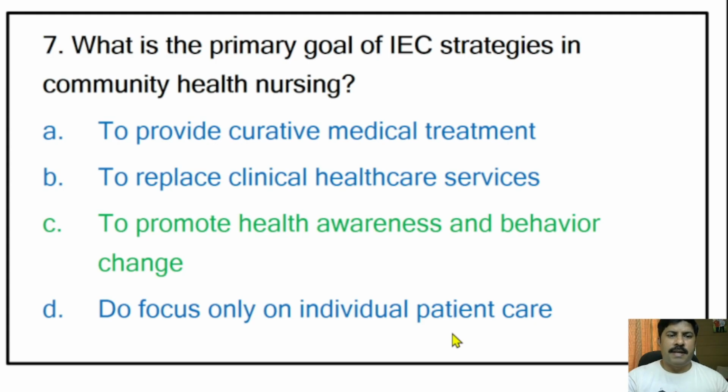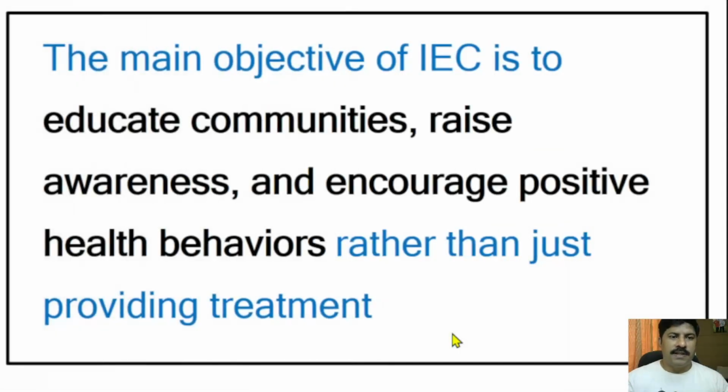So that is the main focus of the IEC strategy, to promote health awareness and behavior change. The main objective of IEC, Information Education Communication, is to educate communities, raise awareness, and encourage positive health behaviors rather than just providing treatment or information.